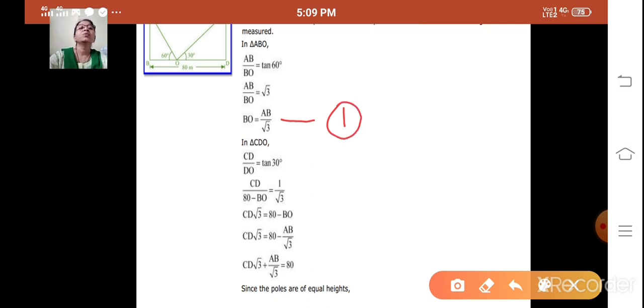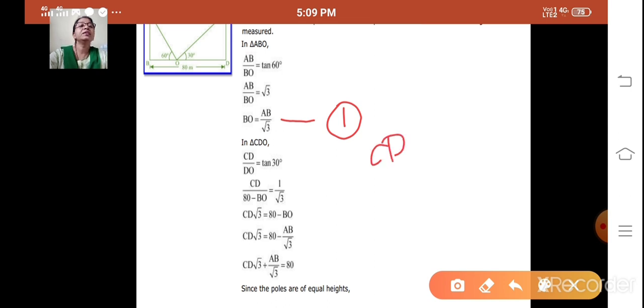Right? Now next in triangle CDO, take tan of 30 degree, opposite CD upon OD. But this OD can be written as BD minus BO.